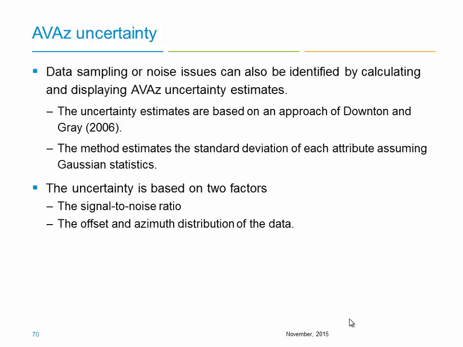One is the signal to noise, and we estimate the signal to noise based on the misfit. We calculate the misfit and then calculate the standard deviation from that and then compare that to the model. And then the other one is looking at the offset and azimuth distribution of the data. So there we calculate the linear operator, and you work with the linear operator in calculating what the uncertainty is.